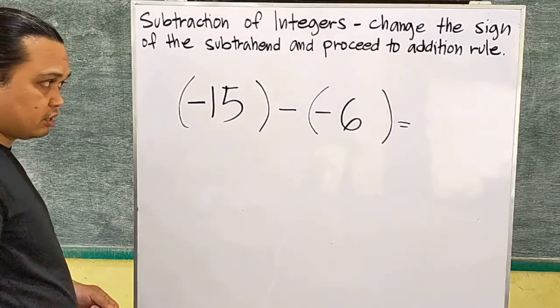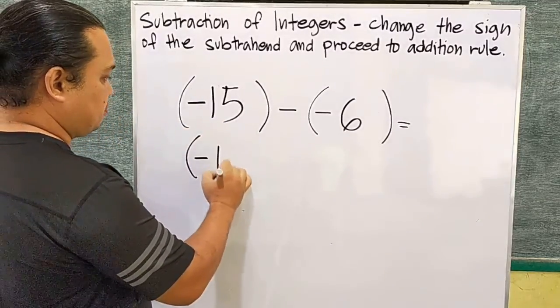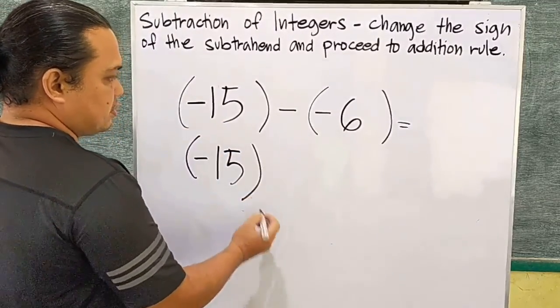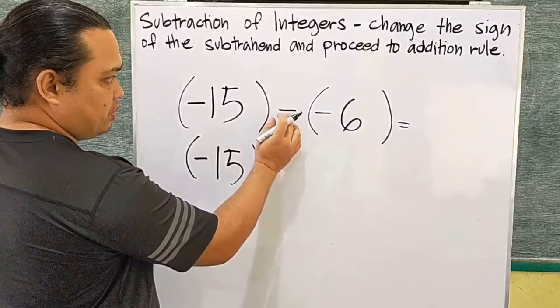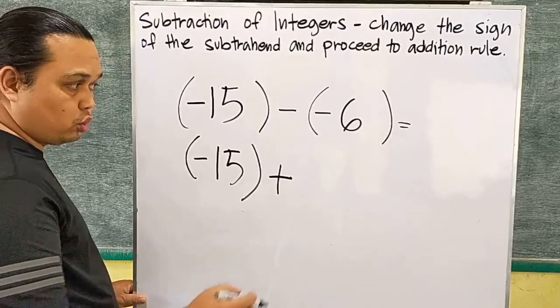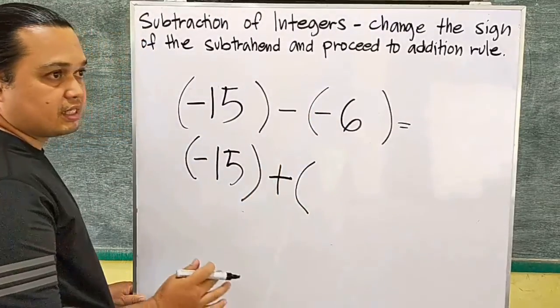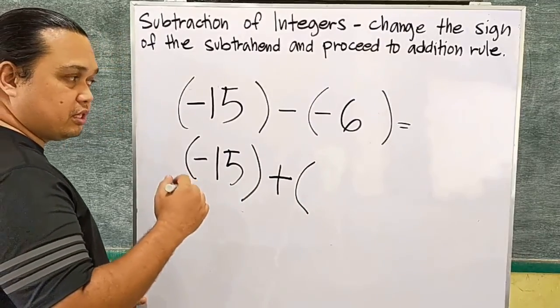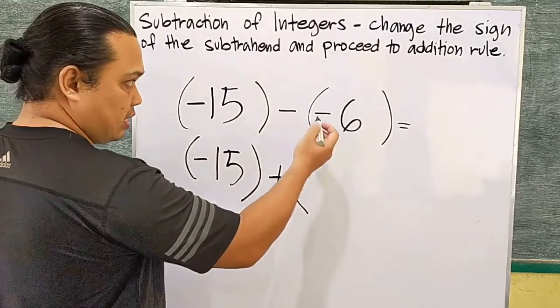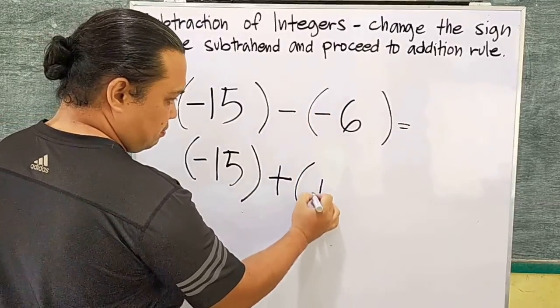So let's answer this. Let's first copy the minuend. That is negative 15. Minus here will become plus, because we're going to proceed to addition, but we have to change the sign to the opposite of the original sign. The opposite sign of negative is positive.